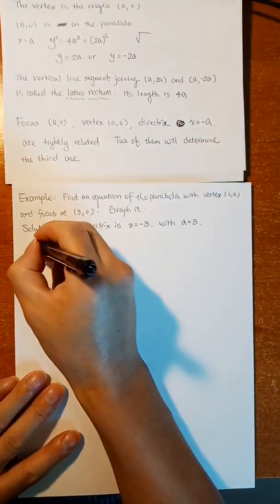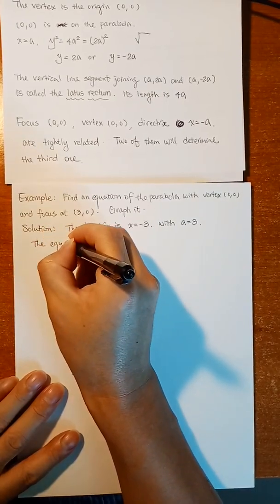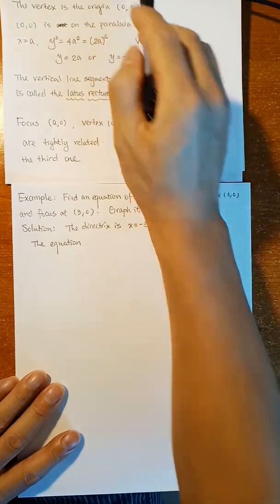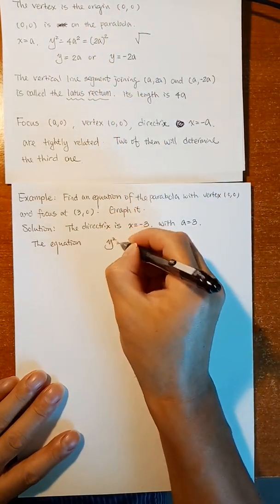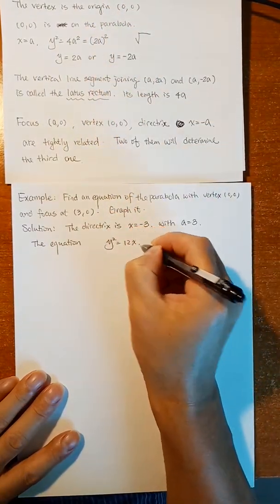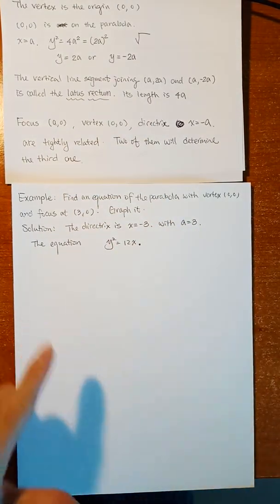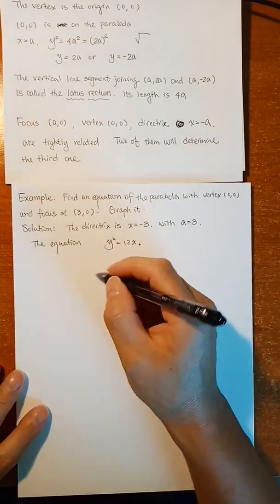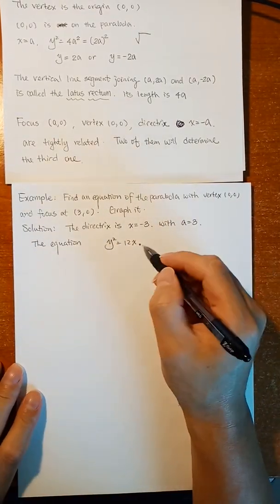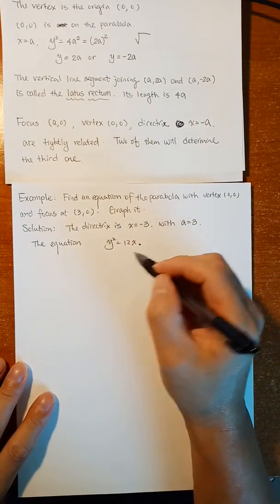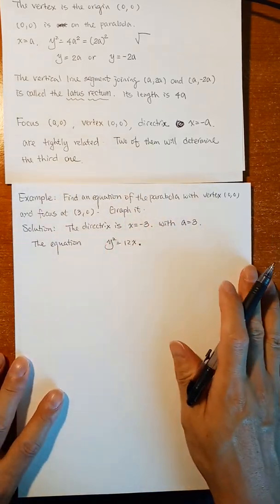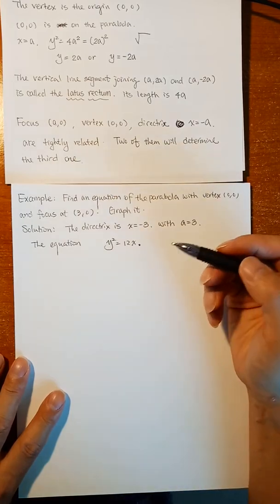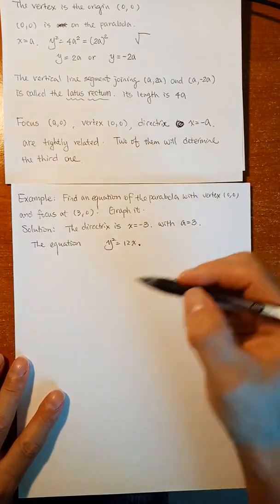What is the equation? y squared is 4ax, so it's y squared is 4 times 3 times x, which is 12x. And that's it. So you don't do any further computation. You just identify a equal to 3 and use 4 times 3 is 12x.